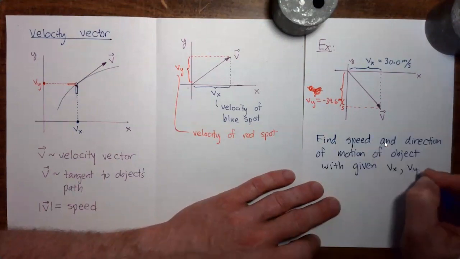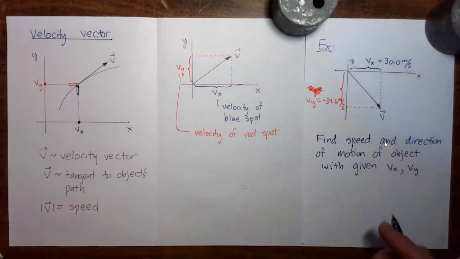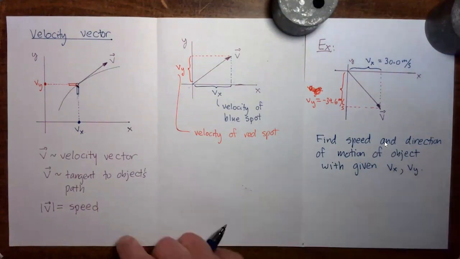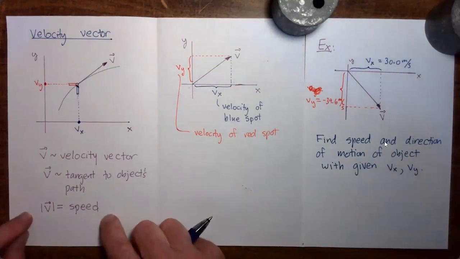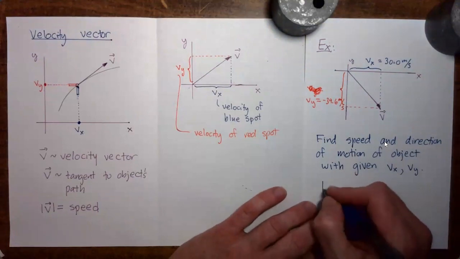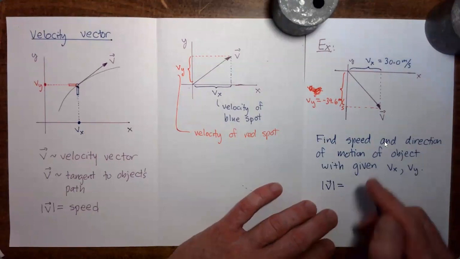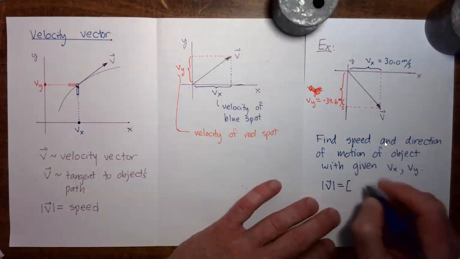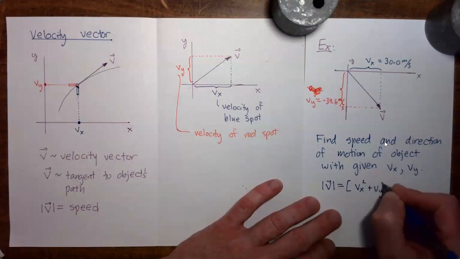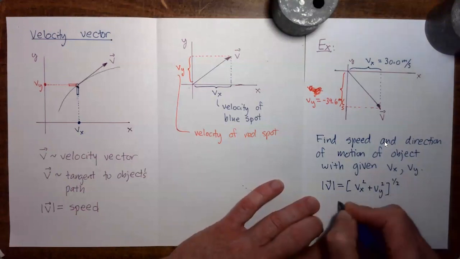So first, the speed. The speed is the magnitude of the velocity vector, and we can calculate the magnitude of any vector using the Pythagorean theorem. So magnitude of the velocity vector would be the square root of Vx squared plus Vy squared. So let's substitute.